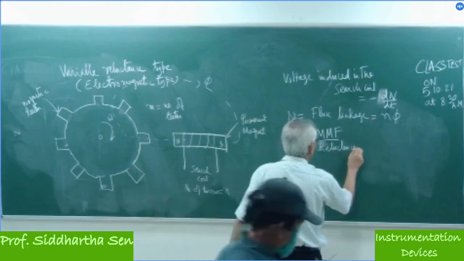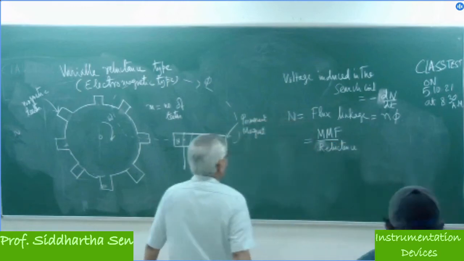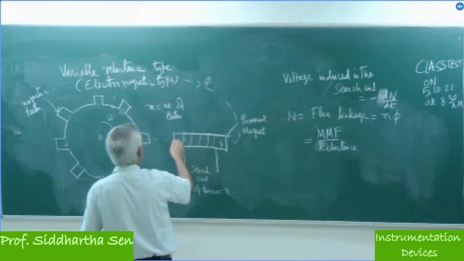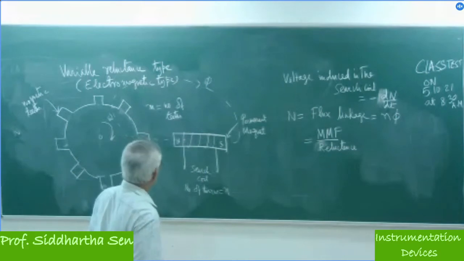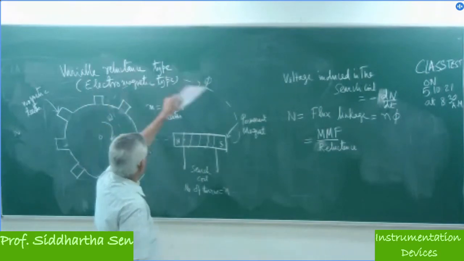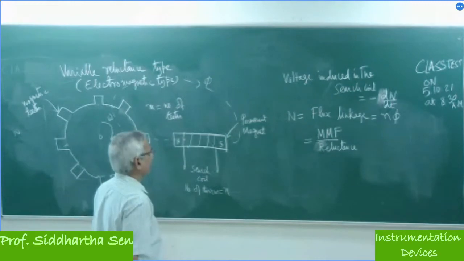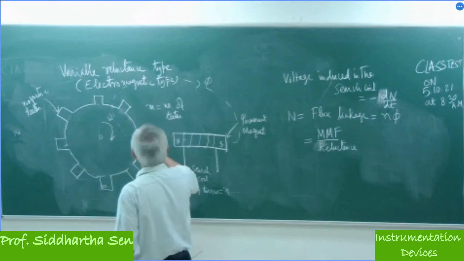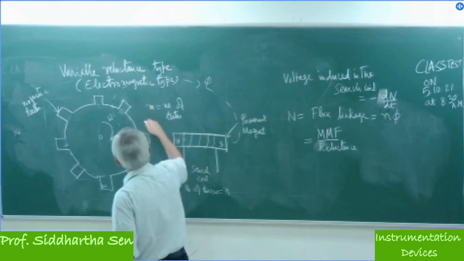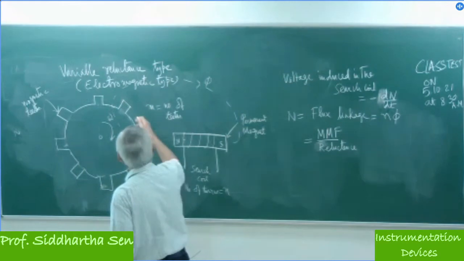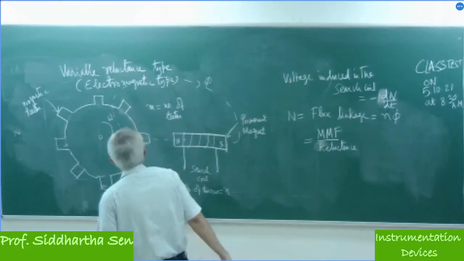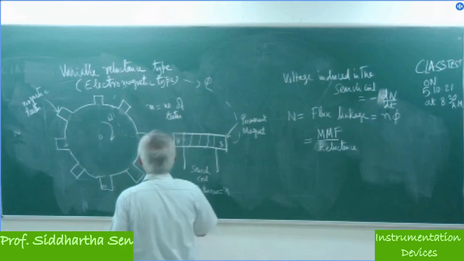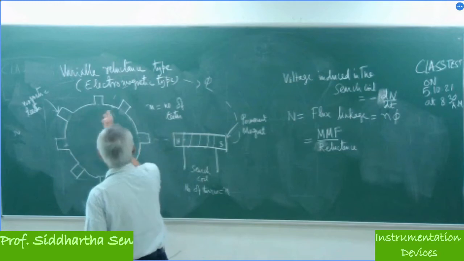In this case there is a permanent magnet here, so depending upon its strength, the flux will be decided by the MMF divided by the reluctance of the path in your magnetic circuit. As the wheel rotates, the teeth come one after another near this magnetic field, so there is a periodic change in the flux linkage.